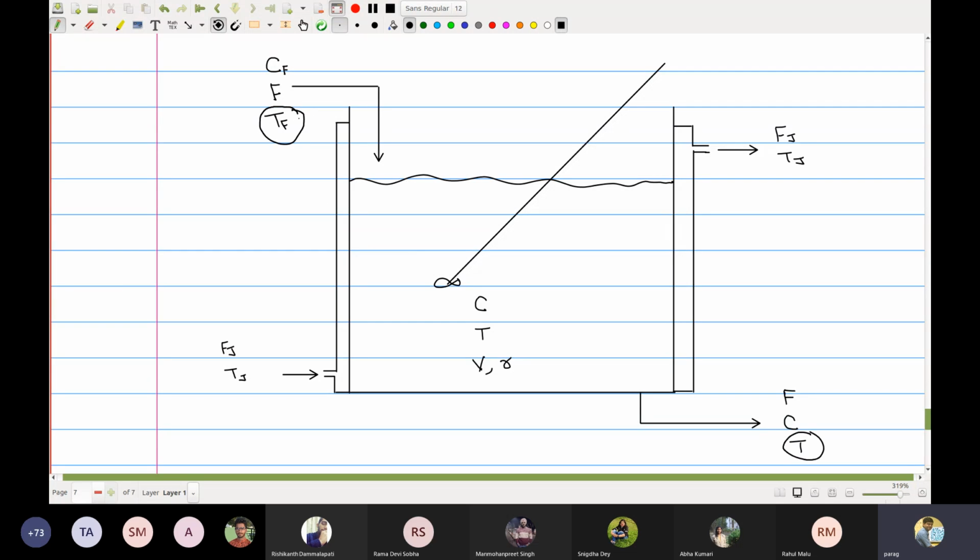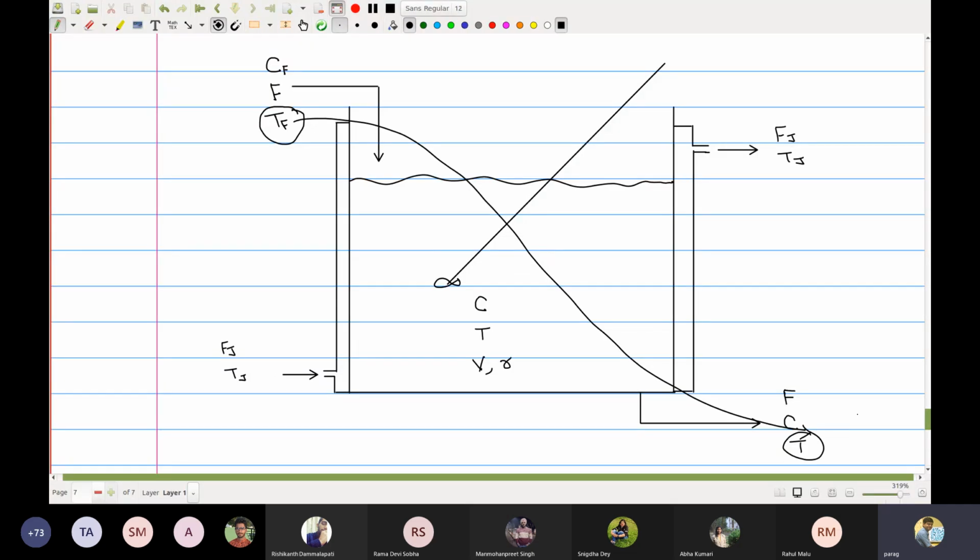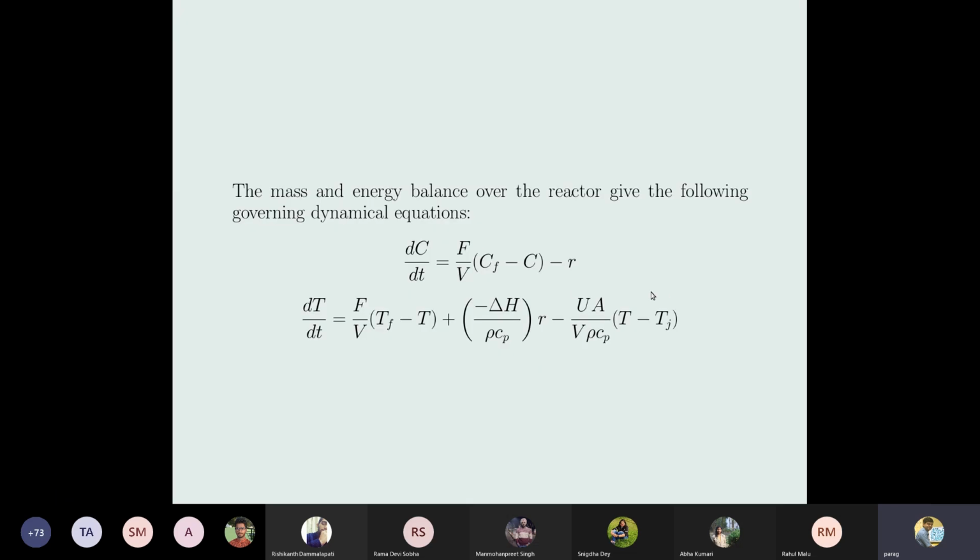So as the material is flowing in this direction, you would have convective changes in the energy, and that is given by the term F by V times Tf minus T. Then, in this direction heat transfer is taking place because you are heating the fluid, or in this direction because you are cooling the fluid. So there would be this heat transfer, and that is given by the last term.